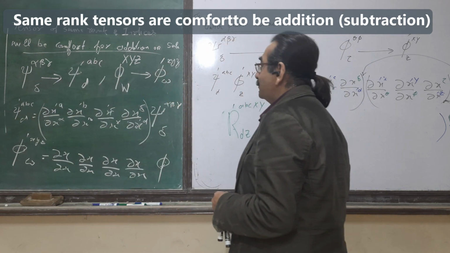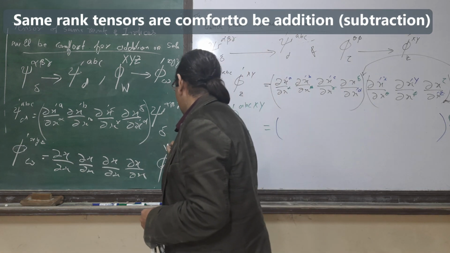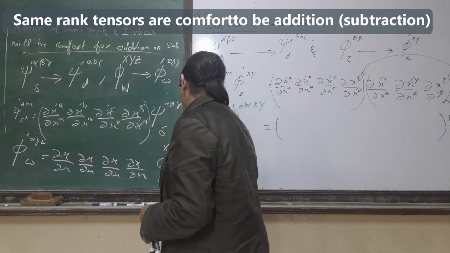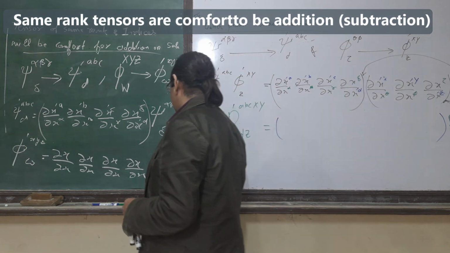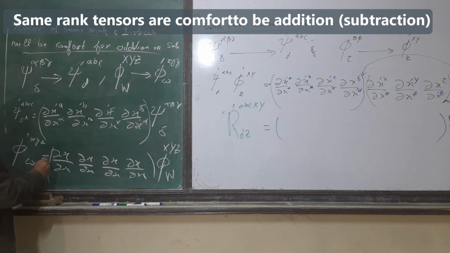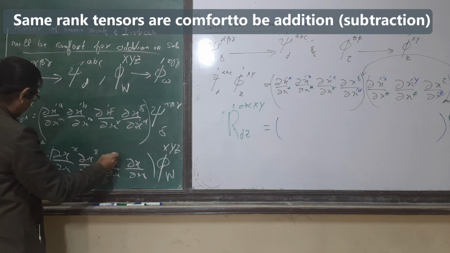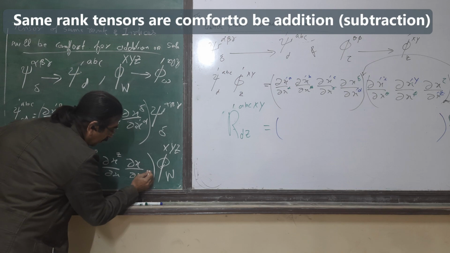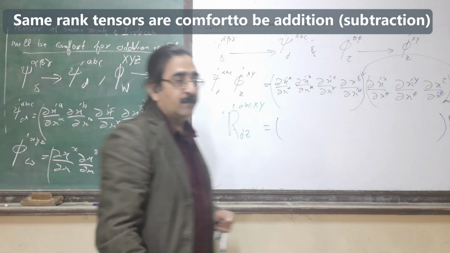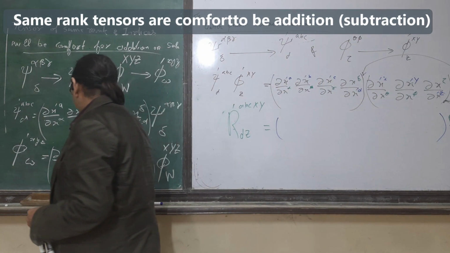See, this was X, Y, Z, and capital X, Y, Z, W, and here will be a prime.